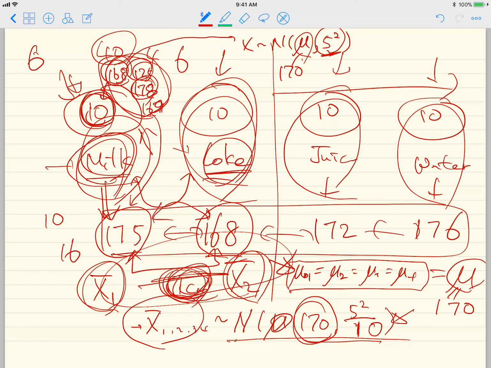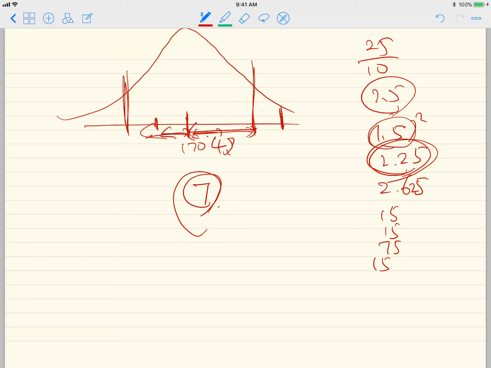We first consider x1 minus x2, the sample means. If mu1 and mu2 were the same, then this will follow a zero mean Gaussian random variable with some variance. But anyway, this 7 is outside of this range, so we have to reject the null hypothesis.